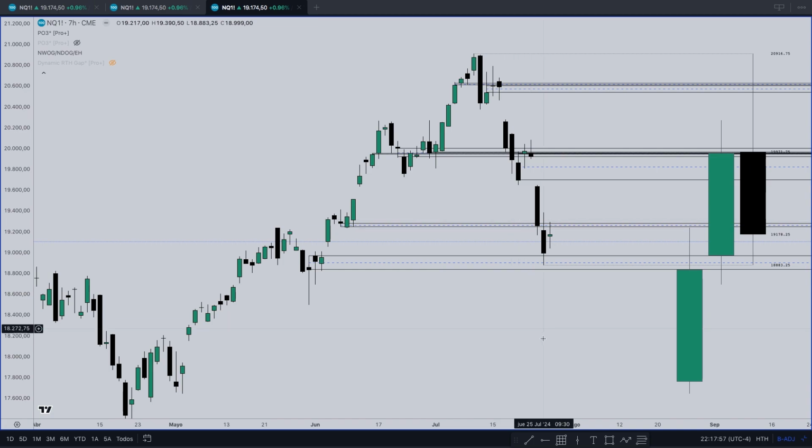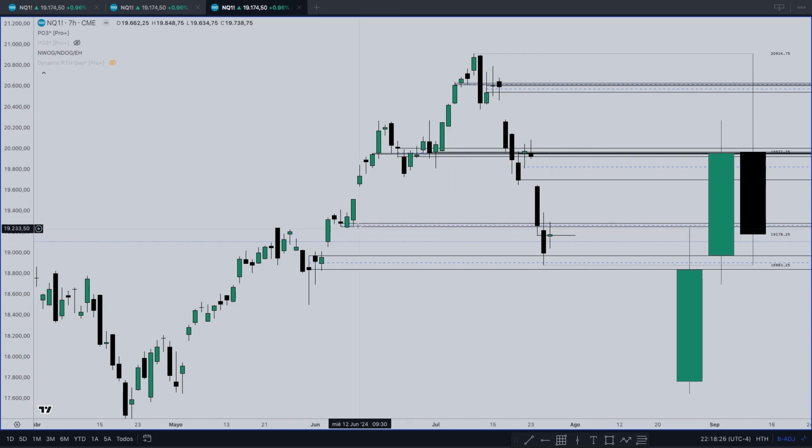In the past video I uploaded here on the channel, I told you that I was expecting to take this low and come back below to this specific gap, and then come back higher, and look where we found resistance on Friday, on this gap.